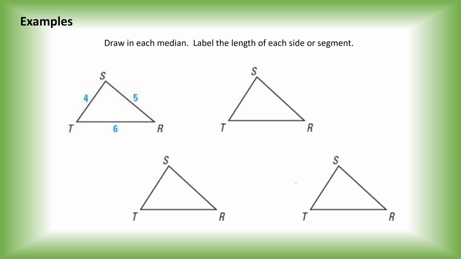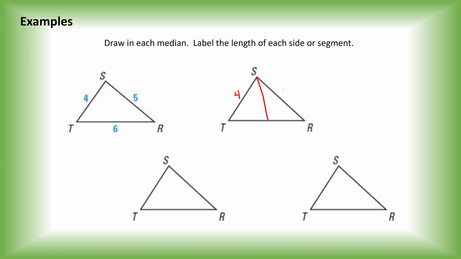So here is the triangle STR, and we are going to draw in the three separate medians on three different diagrams, and we're going to make sure that we know all those lengths and have that relationship. So the first median I'm going to draw in is I'm going to start at S and then go to my midpoint of TR. So ST, the length of that side did not change, so that is still 4.